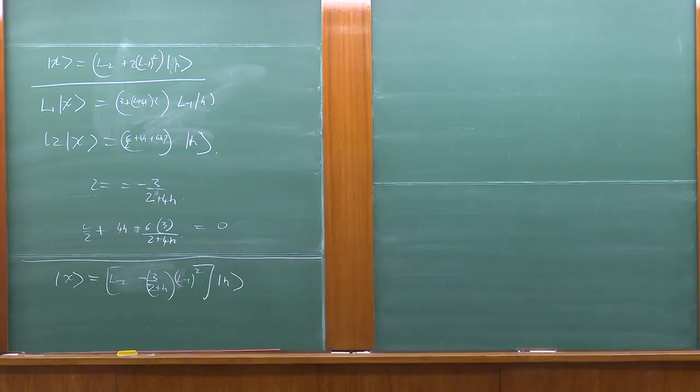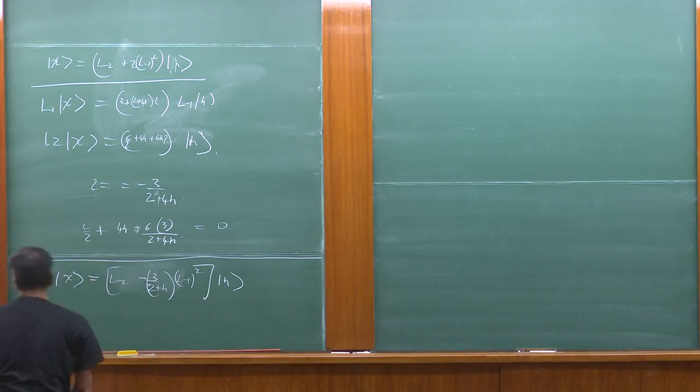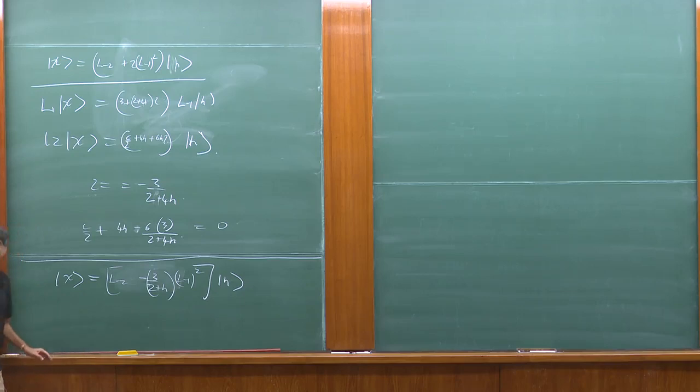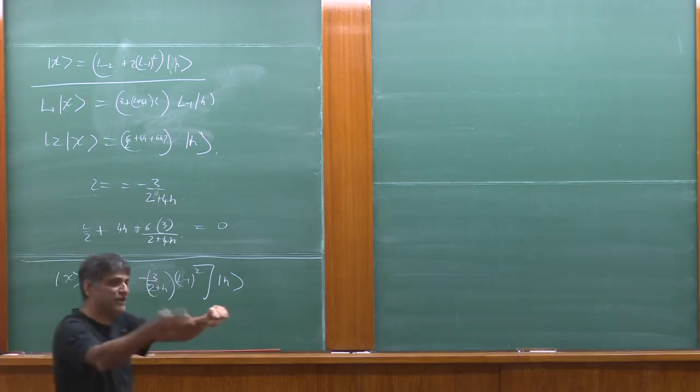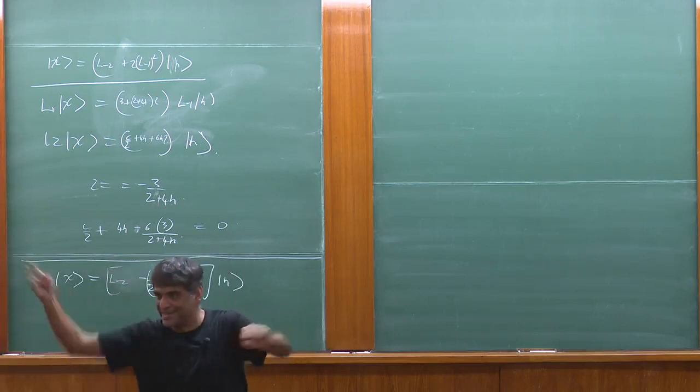What we're now going to study is the consequences of having this null state. And the way we're going to study it is to use something we developed in the previous lecture, which was to find the action of L minus 2 on any correlation function involving this thing in terms of differential operators acting on the other operators.